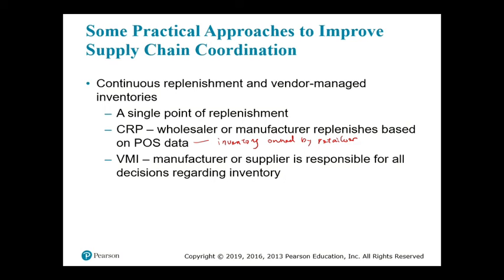And vendor managed inventory is very similar in the sense that it's also a manufacturer or a supplier managing the inventory for the retailer. The difference is that here in VMI, the inventory is owned by the supplier until it's sold by the retailer. So the retailer actually doesn't own this inventory.